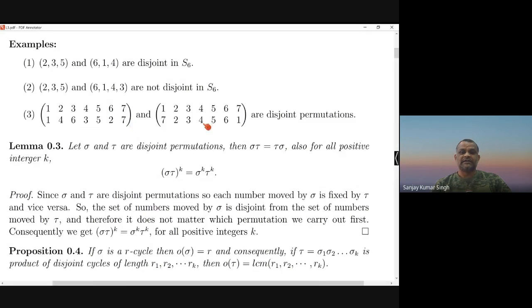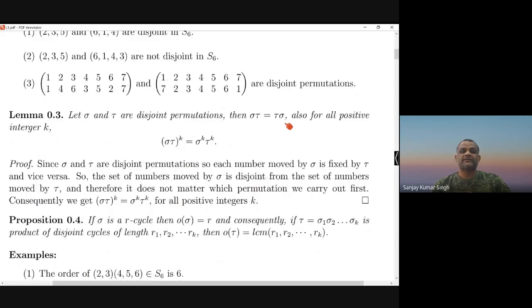So this permutation only fixes three numbers, 1, 5 and 7. Now let's see what happens to the other numbers in the second permutation. 2 is fixed, 3 is fixed, 4 is fixed, 5 is fixed, and 6 is also fixed. So, of course, by definition, they are disjoint permutations.